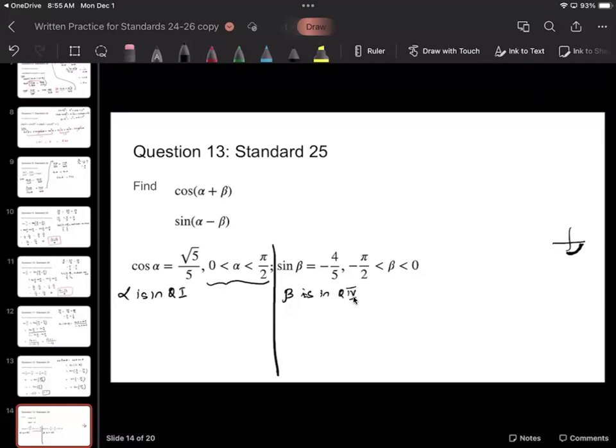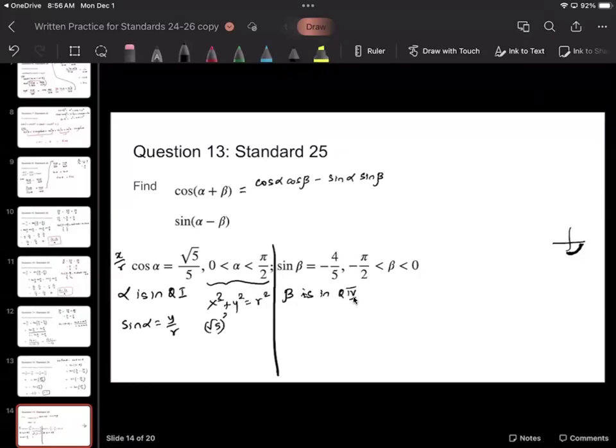Okay. So the formula for cosine of A plus B is cosine A cosine B minus sine A sine B. So this means that I need the values of cosine A, cosine B, sine A and sine B. I'm only given cosine A. I don't know what sine A is, but I can find that, right? Because sine is y over r, and cosine is x over r. So set up x squared plus y squared is r squared.